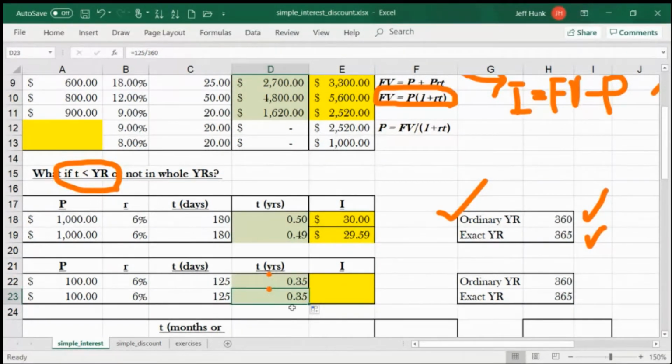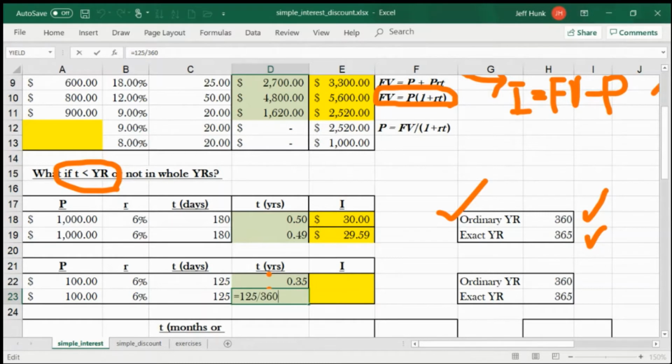Look, the second row is for what? If the first row is for converting days into ordinary year, and the second row is for converting it into exact year, right?